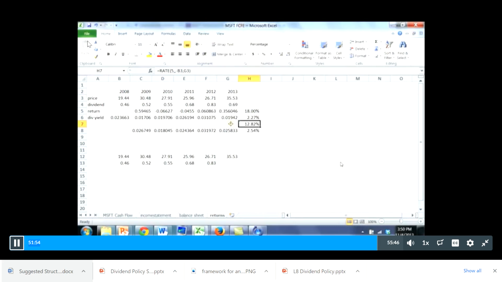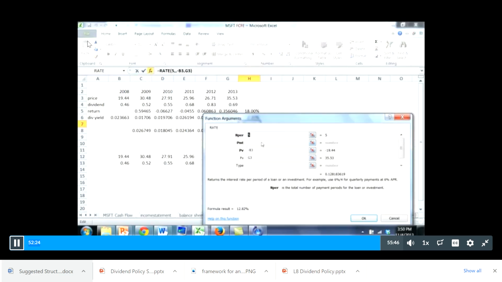12.82%. Okay, so now this, of course, is just from the capital gain, so that's why I calculated my dividend yield. Thinking about the average dividend yield, there's not really a great way to put that in unless I want to do a lot more complicated math, because my dividend's not constant. If it had been a constant dividend throughout that period, I could have included the dividend as my payment, right?